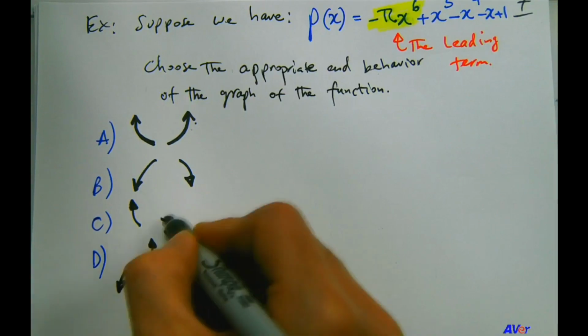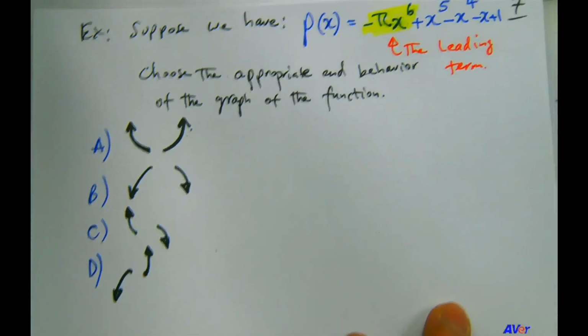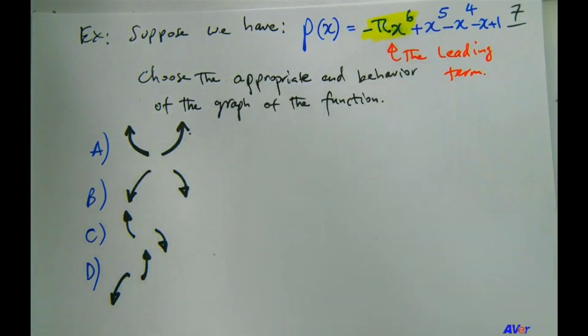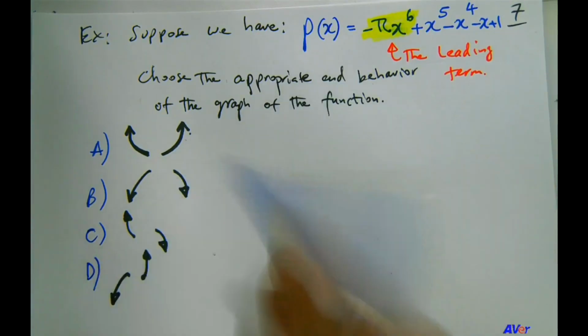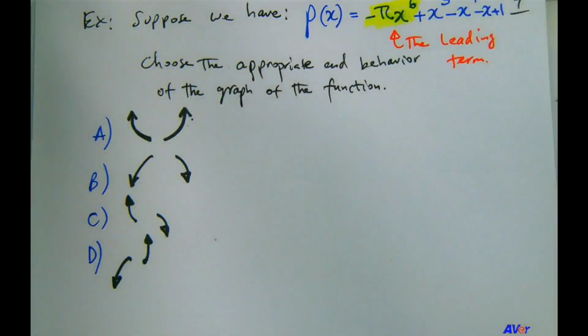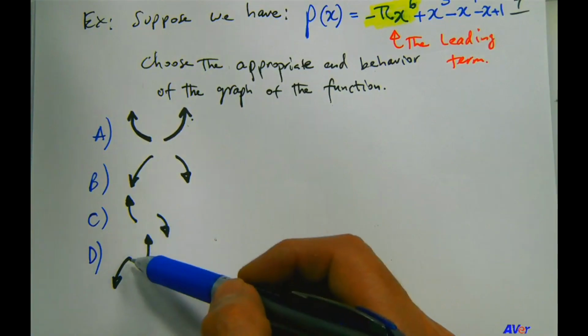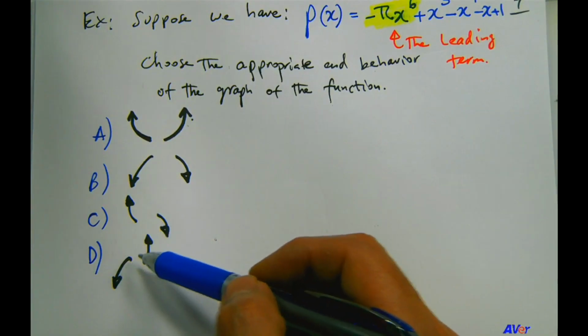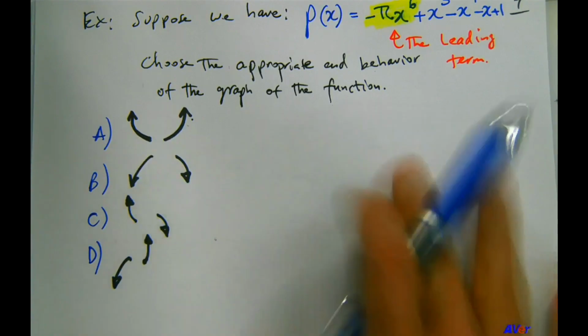Right? Okay. So we already decided that the leading term's power is even. So it's either going to be A or B, right? Definitely not C or D, because C or D would be associated with an odd power, like 7, 9, 3, something like that. Right? So it's either A or B, but which one?